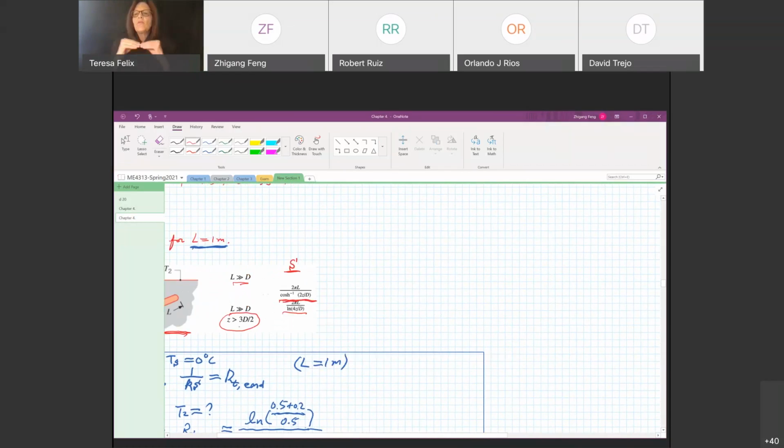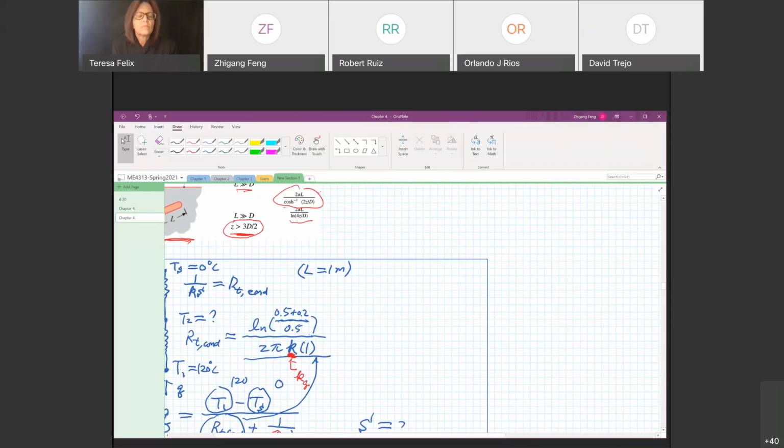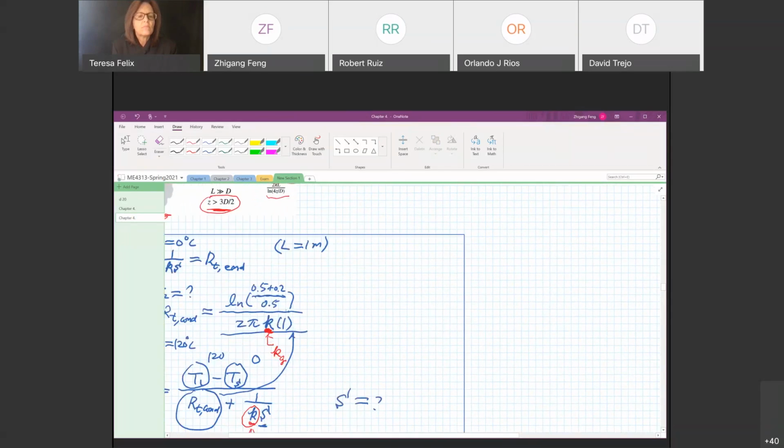The second one requires Z to be greater than 3D over 2. But by looking at these two formulas, both of them involve one function. So I would recommend you just pick the first one because it's not complicated at all, right? The first one involves a hyperbolic cosine function. The second one involves a natural log function. Okay. So let's choose the first formula to compute the shape factor.